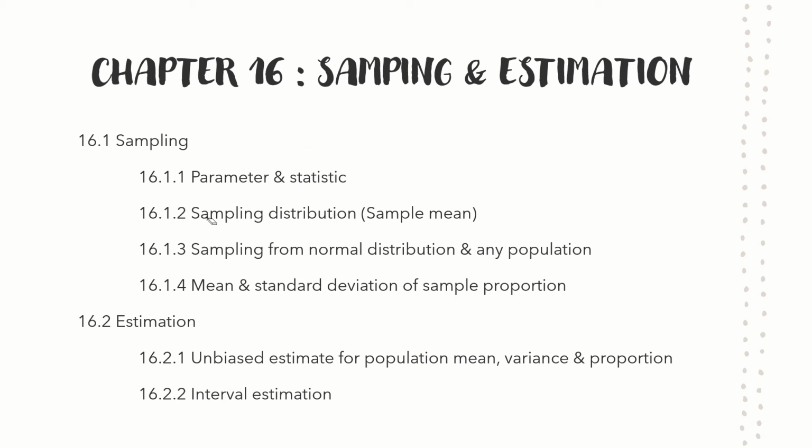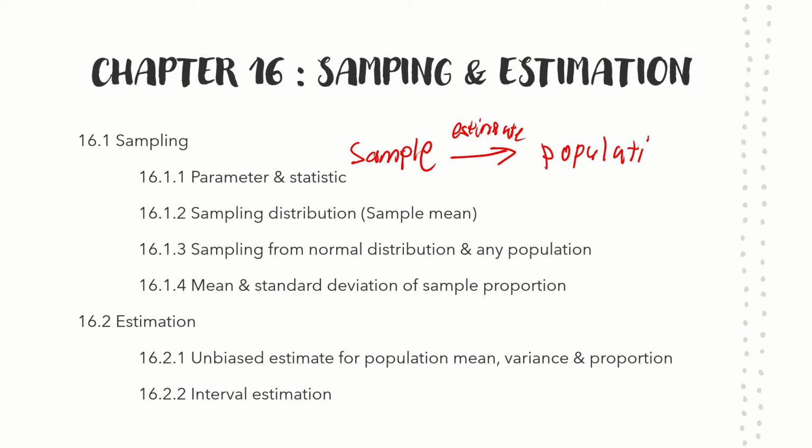Okay, this is the first subtopic for sampling, and the second topic is estimation. Estimation is the reverse of sampling. It means you have the sample, but you have to estimate the population.